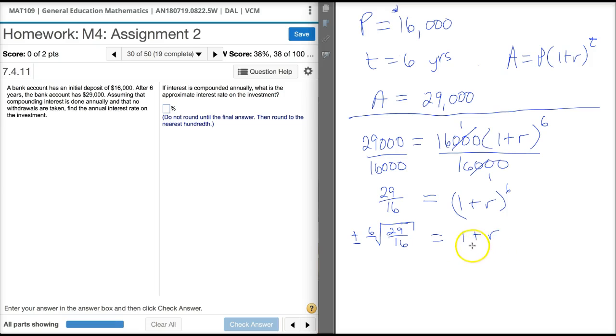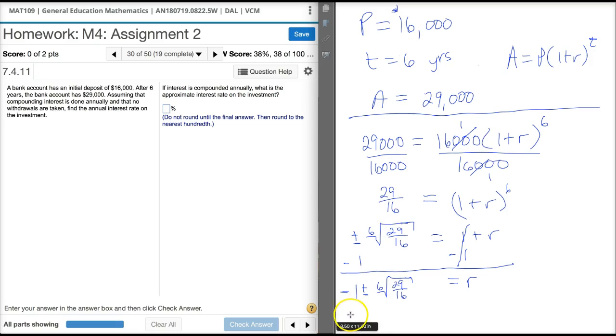So now to get R by itself, the last thing that we need to do is subtract 1 from both sides. And that goes to 0. We just get r equals -1 plus or minus 6th root of 29 over 16. Okay.